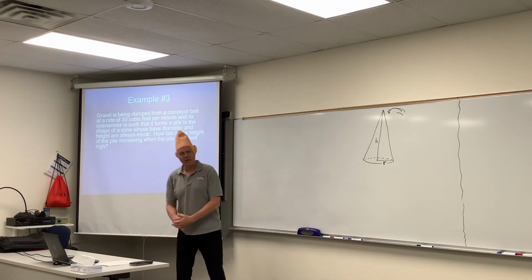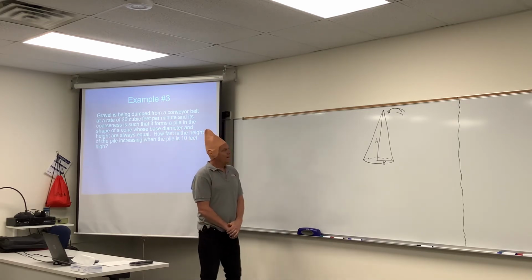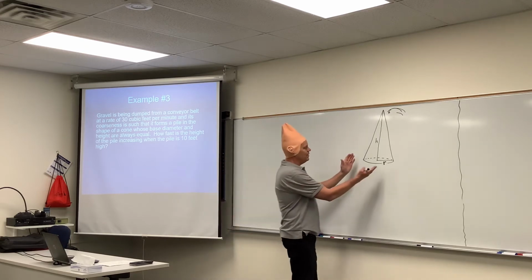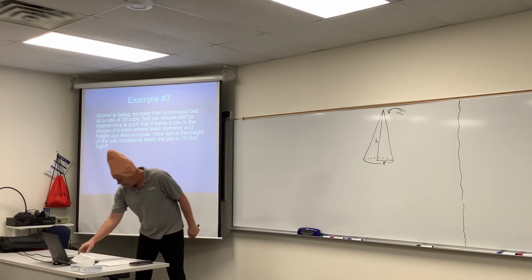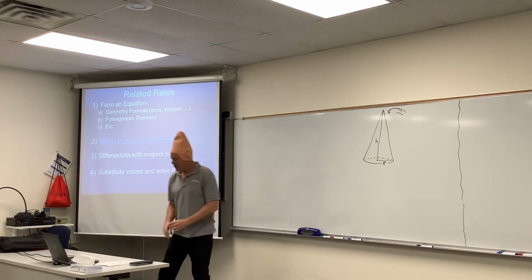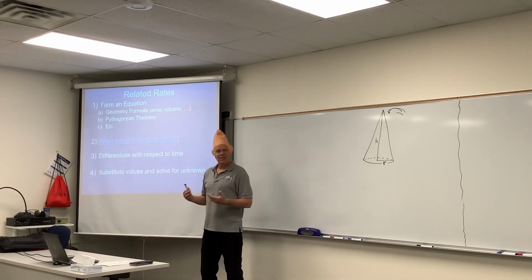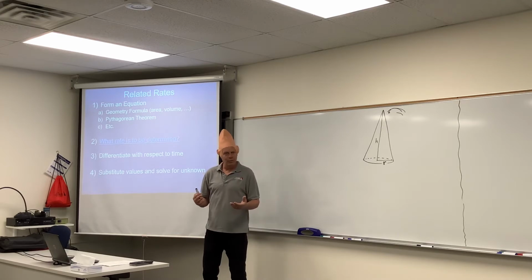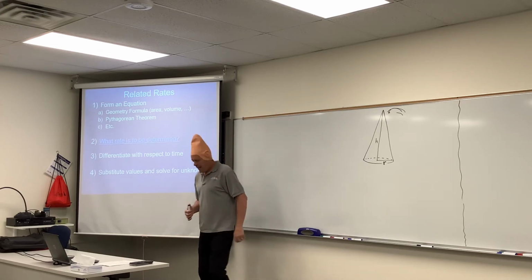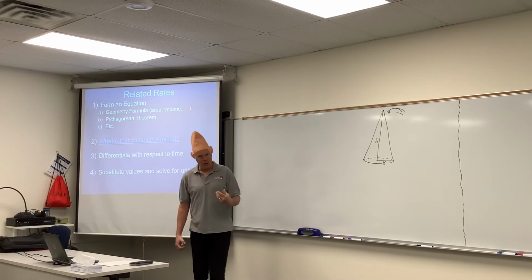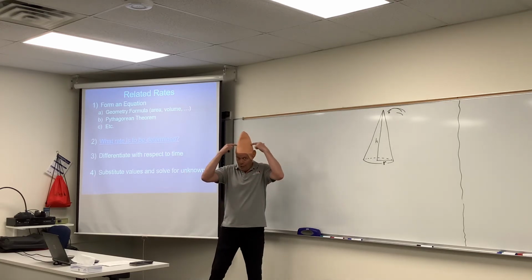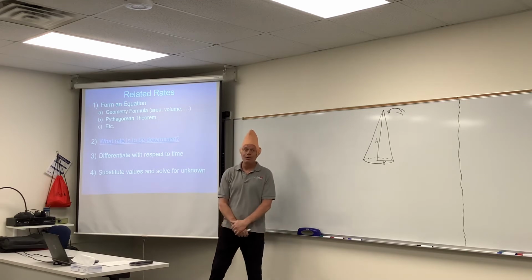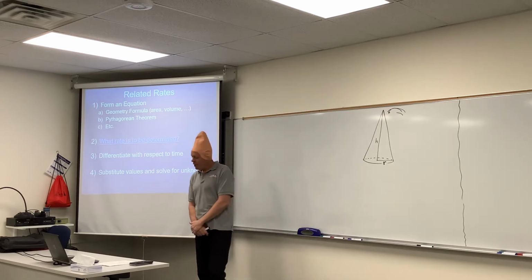But anyway, we're talking about a cone, and it would be described with its radius and its height. As we mentioned before, we're going to need to write some sort of formula or equation that would be relevant to this question. It talks about the volume of the cone. So once again, you would need to look up, or hopefully it's in your noggin, what the volume of a cone is.